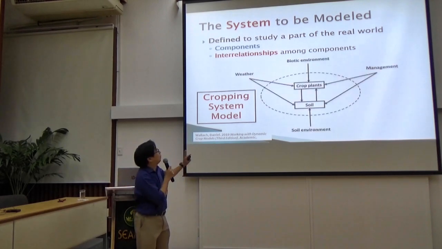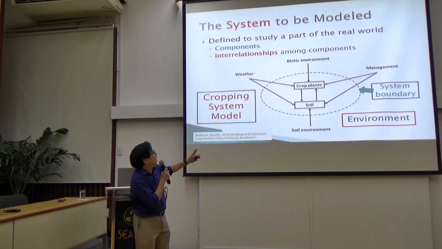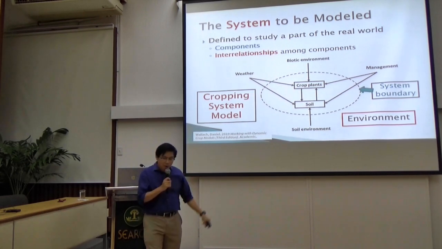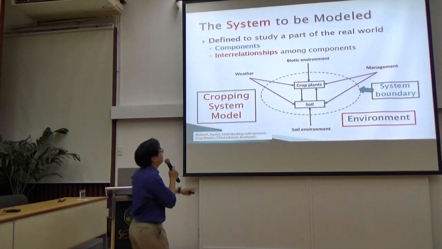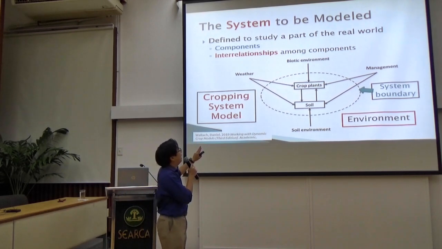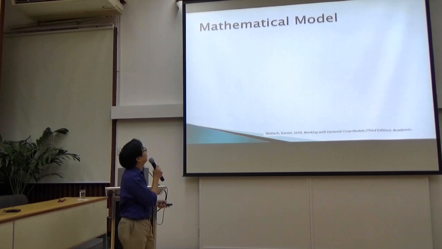Okay, this is a typical one. You have your system boundaries, so you have your plants and your soil, and you have the environment. Okay? So this is how you sort of organize your system. Your system is crop and soil, and you have your environment surrounding it. Okay.